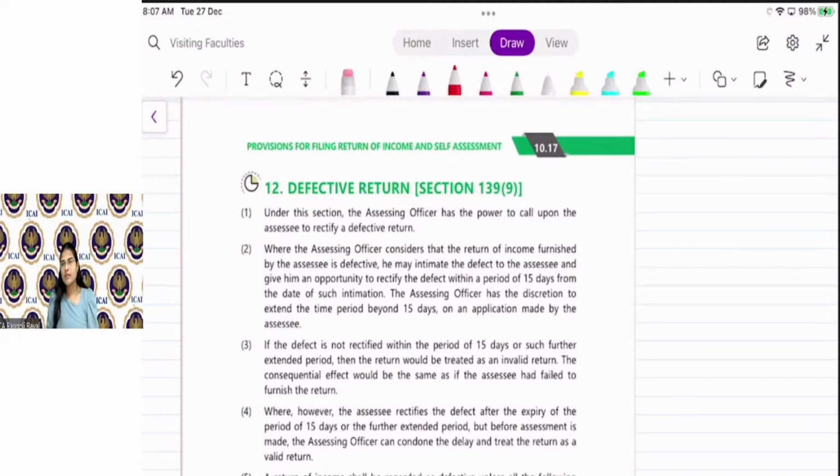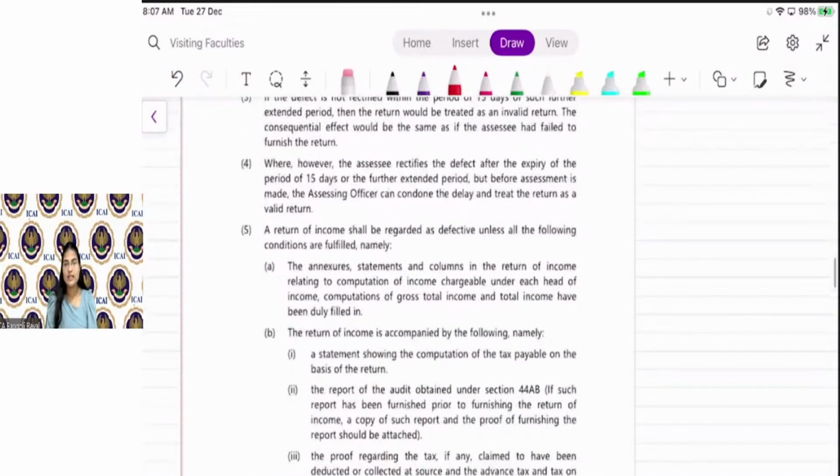So if the assessing officer finds any defect in your return, he will inform you that he found such a defect in your return. Kindly correct the error within 15 days or such extended period at your option. But if the assessee fails to rectify that error within 15 days or the extended period provided by the assessing officer, then the return is treated as an invalid return, and it is treated as if the assessee has not filed the return.